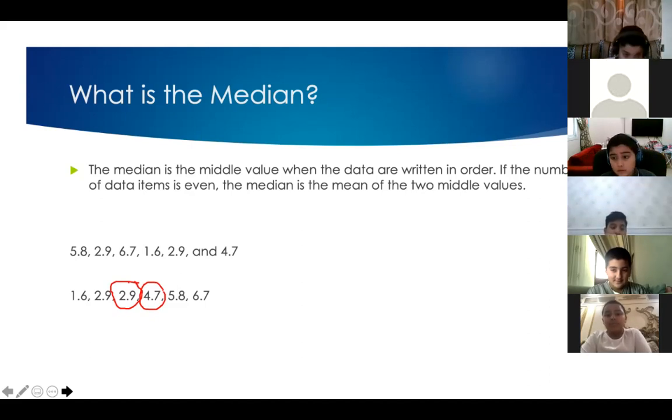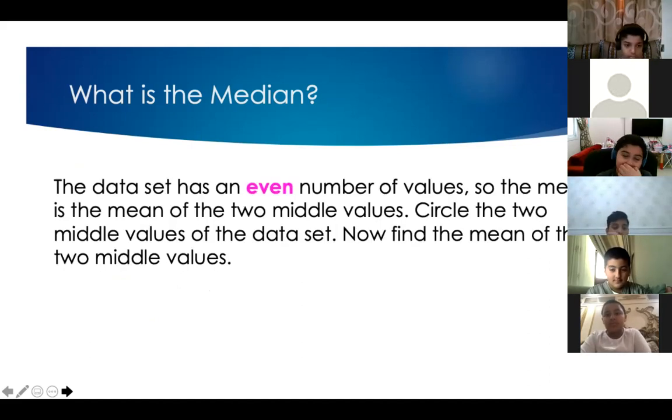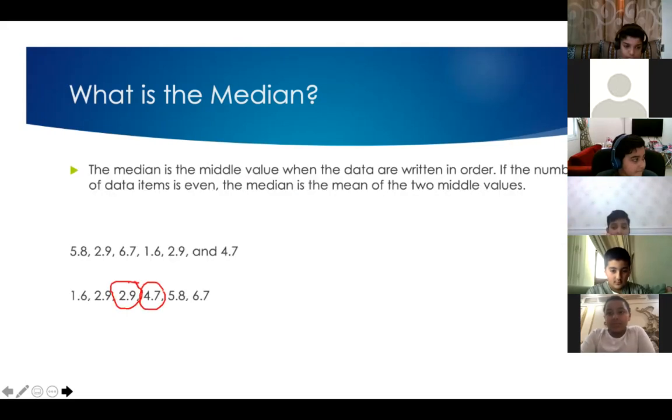Now, to find the median, I ask myself, first of all, the data set has an even number of values, so the median is the mean of the two middle values. Let's count here. How many data items do we have? 1, 2, 3, 4, 5, 6. Remember, we spoke of 6 items.